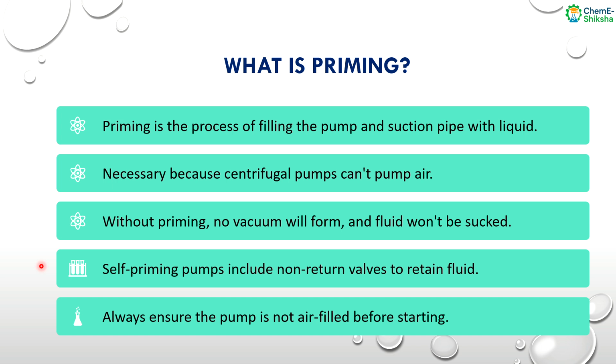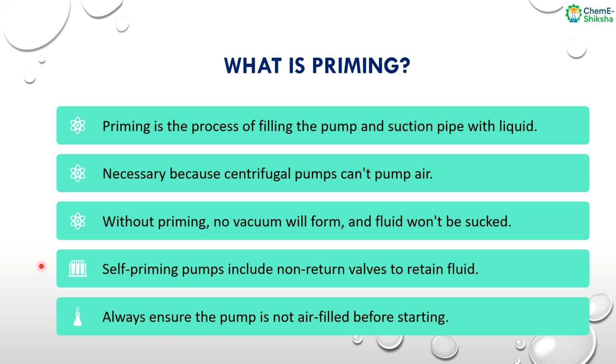Now at that point of time, if the pressure in the pipeline is more than that, then the air will not be pumped out by the pump and there will not be any vacuum created. So the pump will not be able to suck the fluid from the sump. That's why priming is required. Priming is actually the process of filling the pump and suction pipe with the liquid.